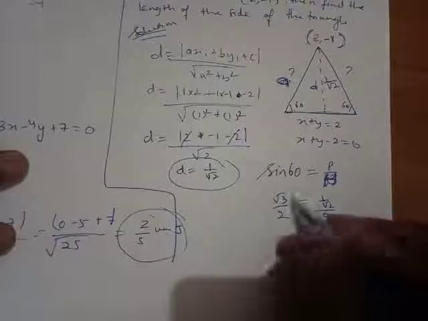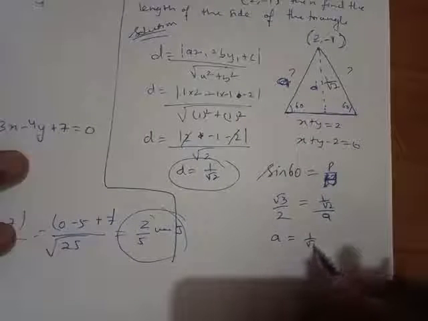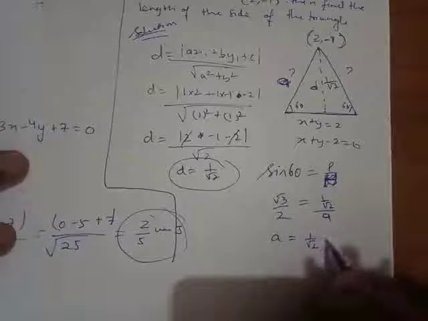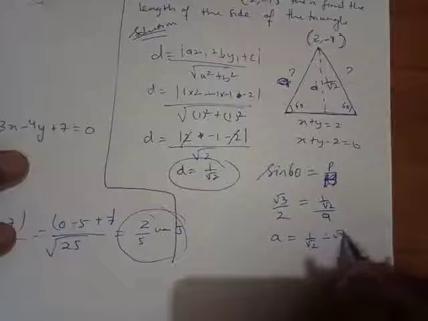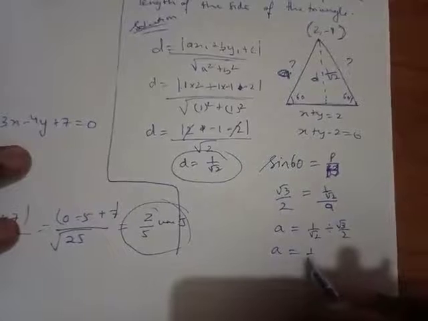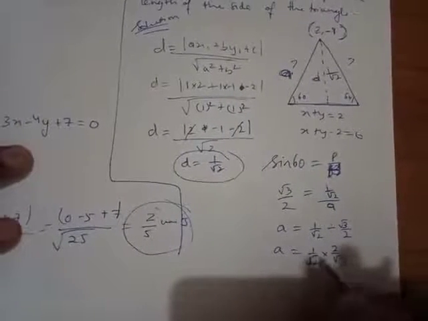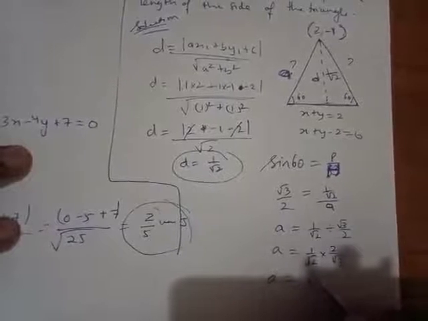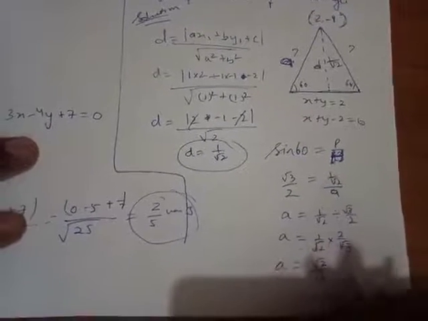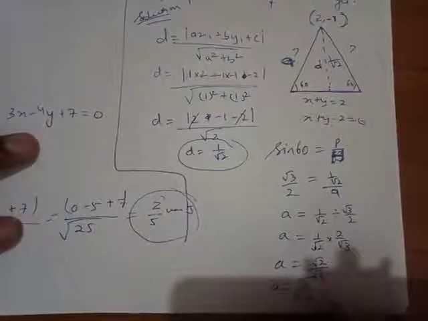Hypotenuse is A, so I'm going to shift A over there, and 1 upon root 2 will divide by root 3 over 2. Then A is equal to 1 over root 2 into 2 over root 3. When you cancel this out, you'll get root 2 over root 3, which means A is equal to 2 over 3 units.